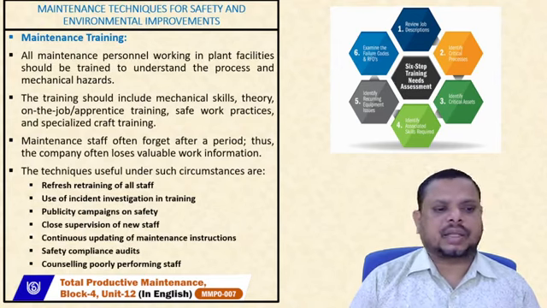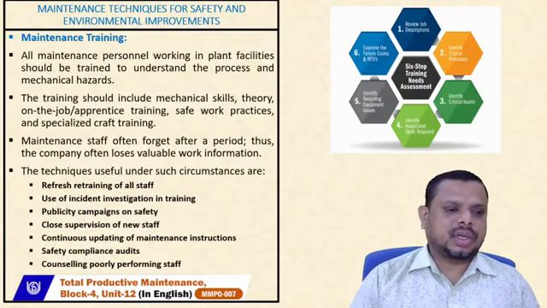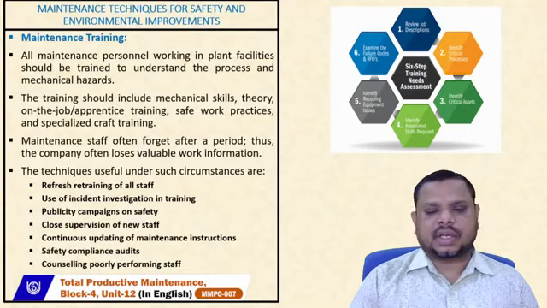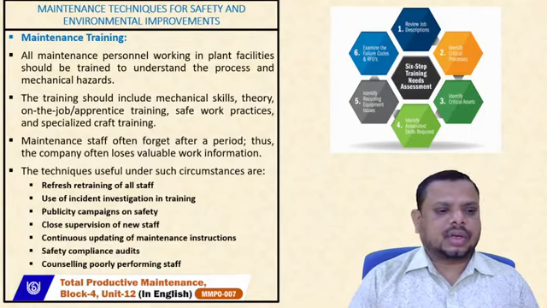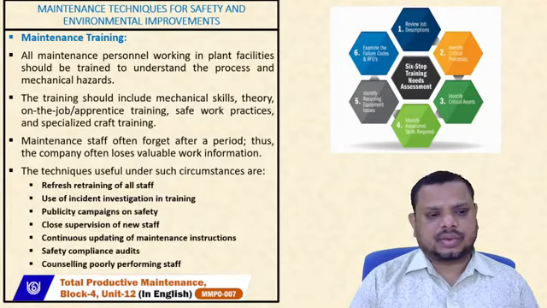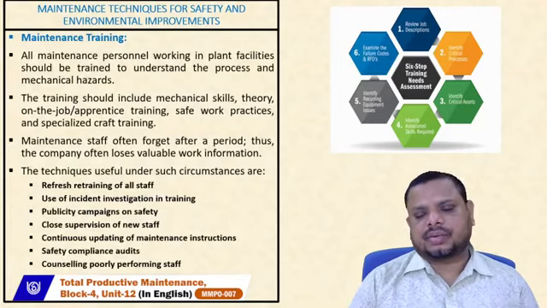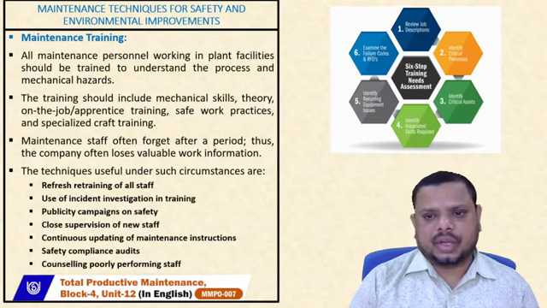Refresh and retrain all staff, use incident investigation in training, publicity campaigns on safety, close supervision of new staff, continuous updating of maintenance instruments, safety compliance audits, and counseling poorly performing staff.